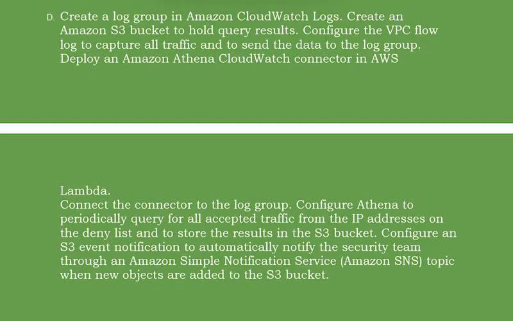Configure Athena to periodically query for all the accepted traffic from the IP addresses on the deny list and to store the results in the S3 bucket. Configure an S3 event notification to automatically notify the security team through an Amazon Simple Notification Service (Amazon SNS) topic when new objects are added to the S3 bucket.